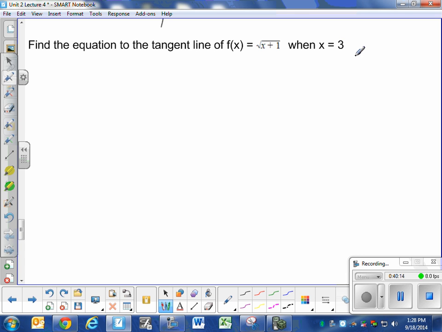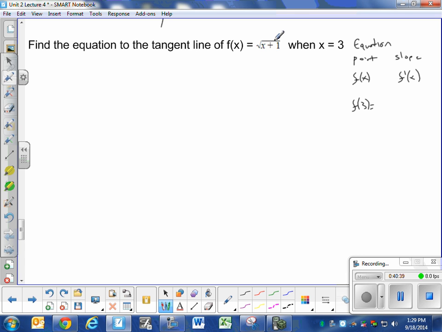Well, let's first realize that for an equation, I need my point and I need my slope. The point I will get from my function. The slope I will get from my derivative function, my slope generator function. I can find this point immediately by plugging in 3.